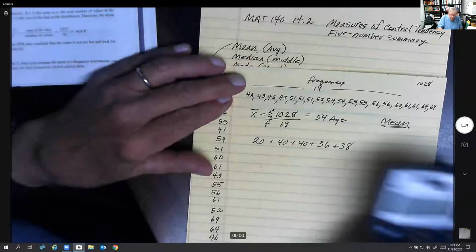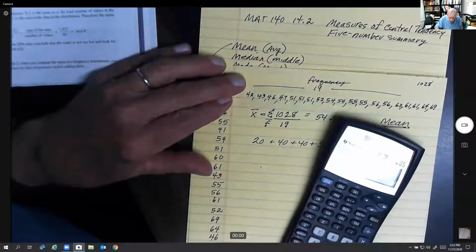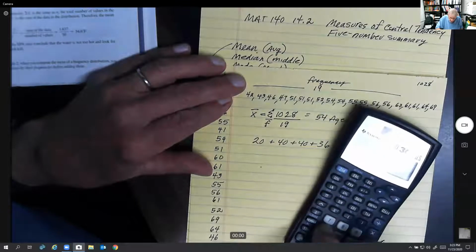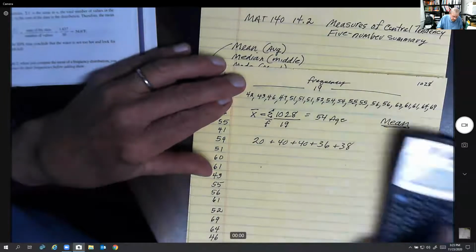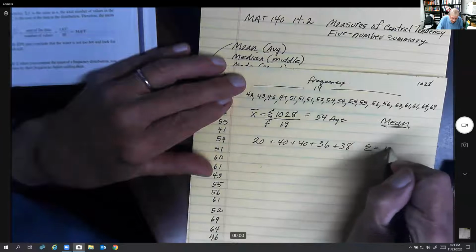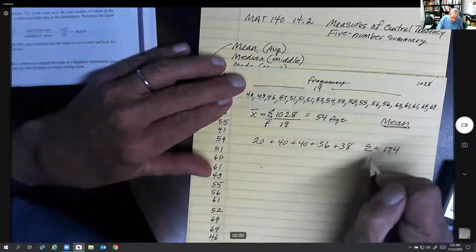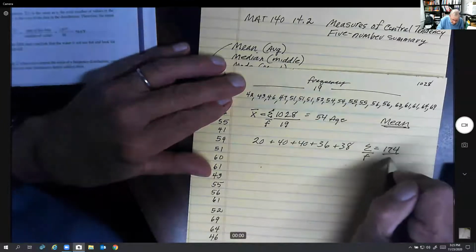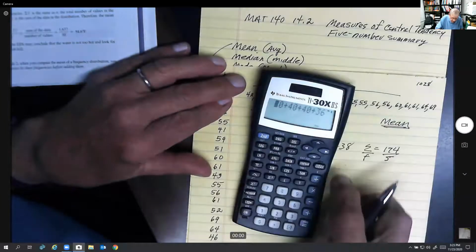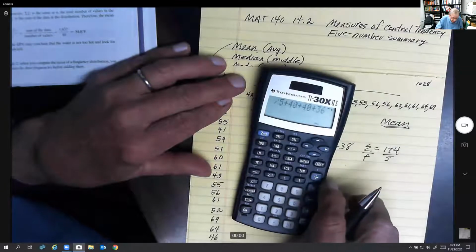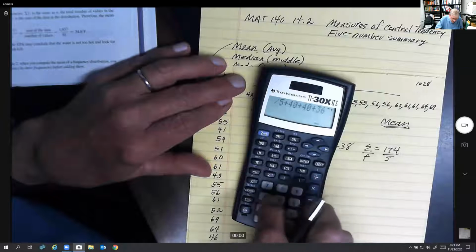We add these together on our calculator, 20 plus 40 plus 40 plus 36 plus 38, which gives the sum of all the scores, 174. Then we divide by the frequency, which means how many scores: 1, 2, 3, 4, 5. If we divide that, we should come up with your average. And it comes up with a syntax error. So maybe I made a mistake here. I think this was supposed to be 45.